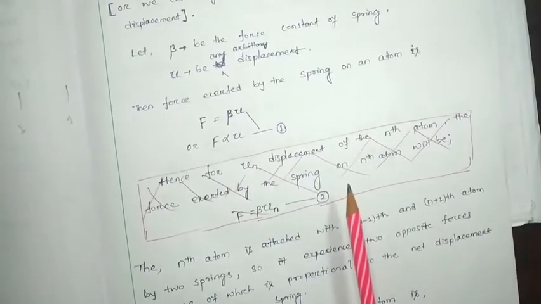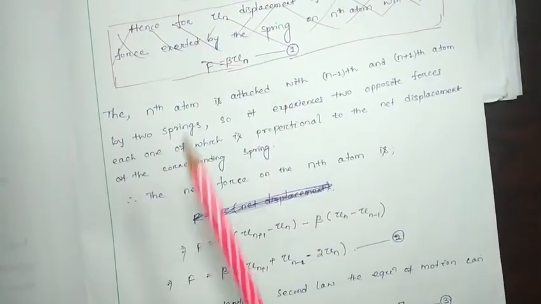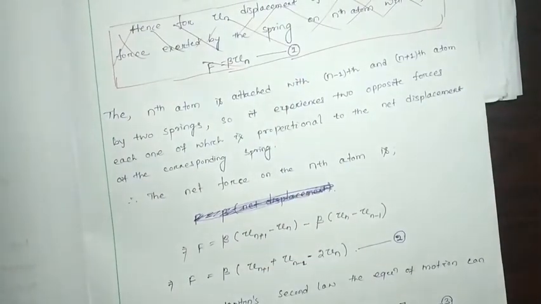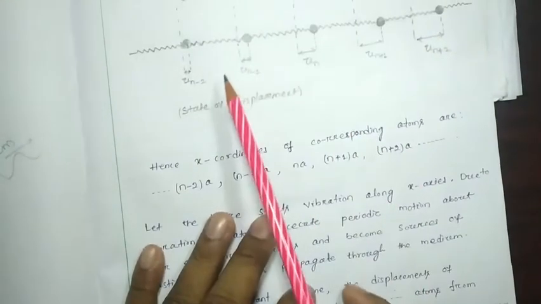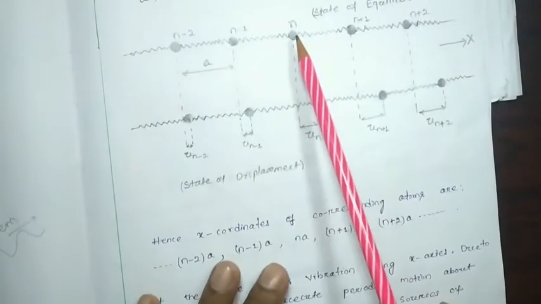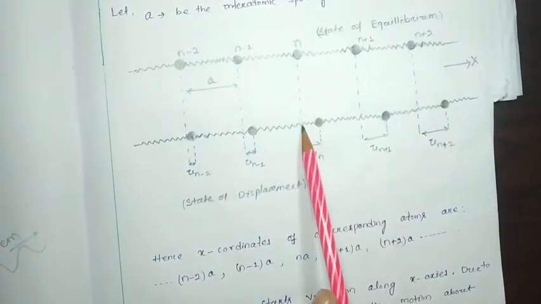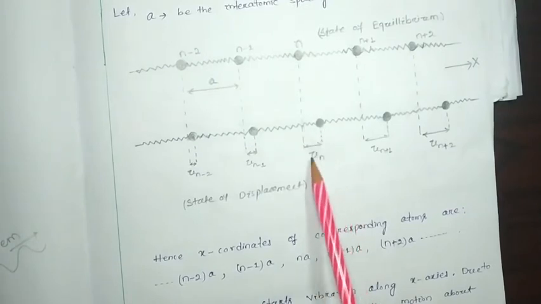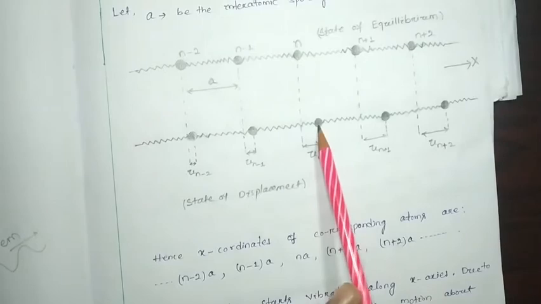Now we have to consider the nth atom, whatever we drew in the figure, in the displaced state. This nth atom is displaced a distance un from its equilibrium position.